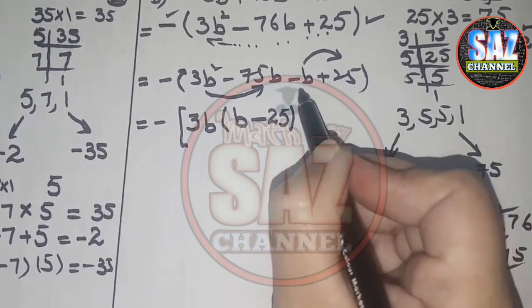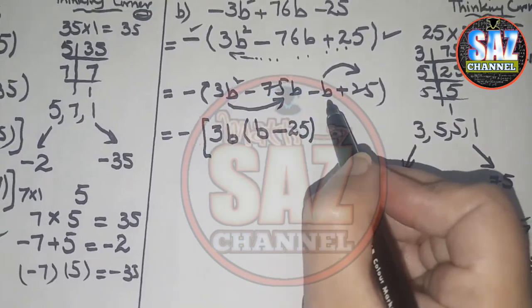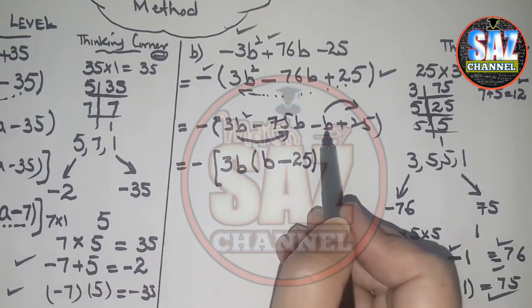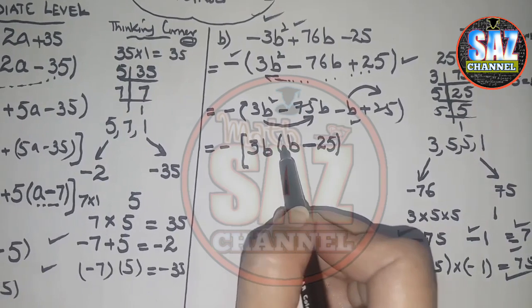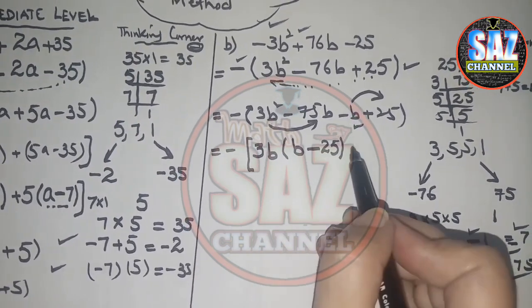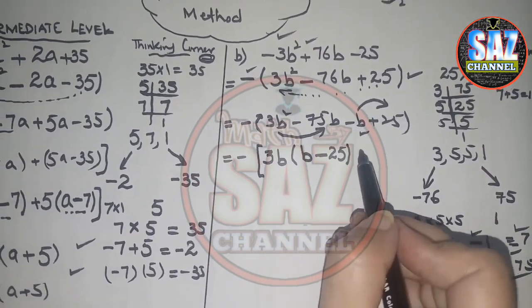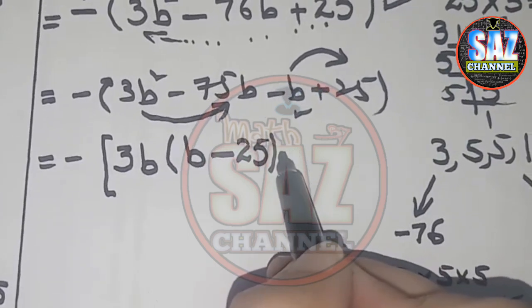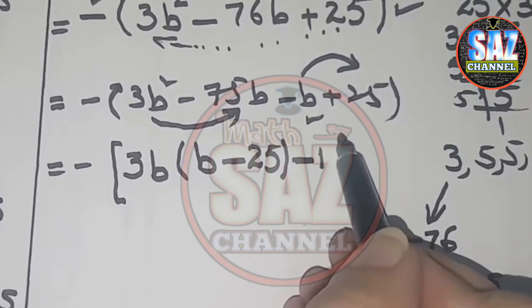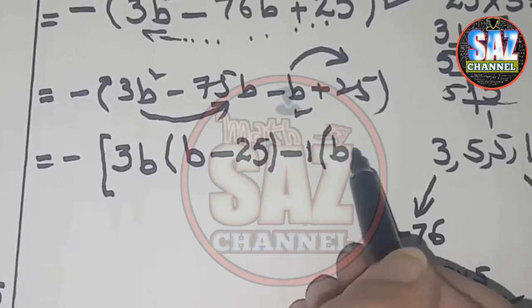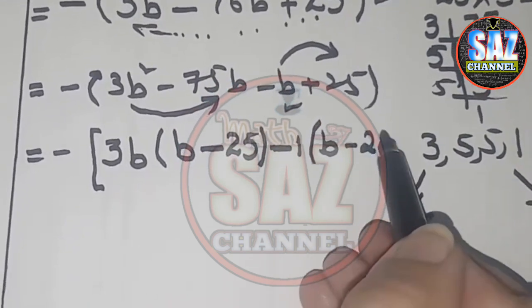Then coming to the second part of the question, I can see b is negative, but b is positive in this part. So in order to make b negative, it is a really important part to understand. I have to extract the minus sign out, and when I extract the minus sign out, my b will become positive and 25 will become negative.